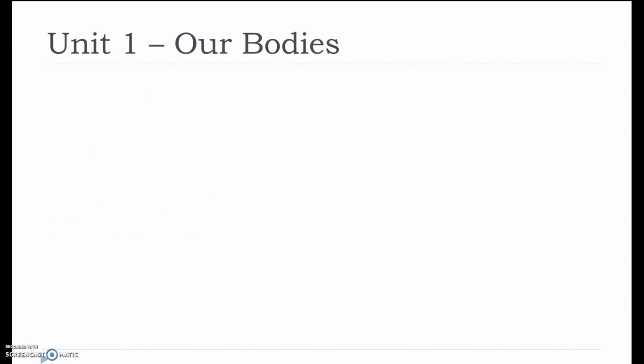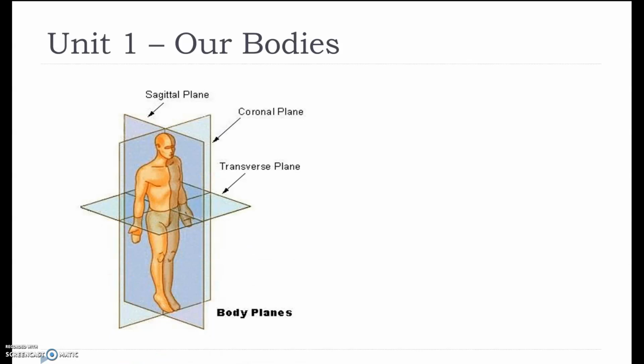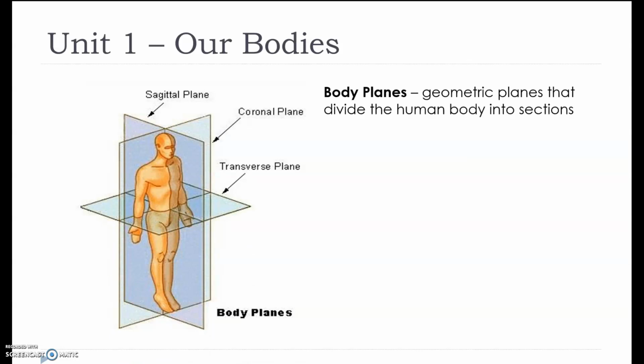Now let's move on to our lesson for today, which is in Unit 1, Our Bodies. If you have your book with you, you can open your book on page 1. Body planes. Body planes are geometric planes that divide the human body into sections.